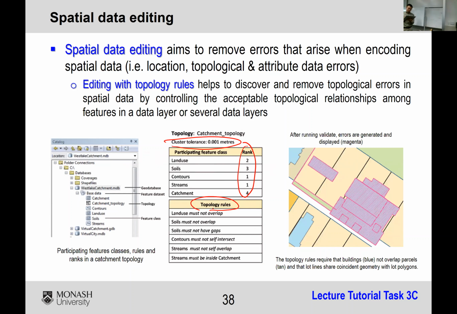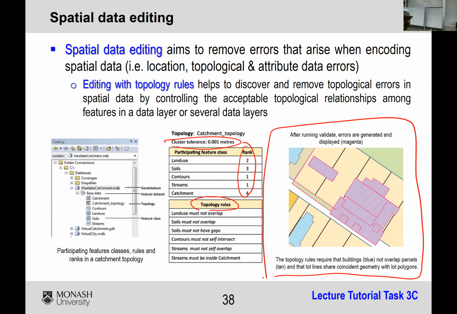So in this case, to the right, we're trying to apply two topological rules. One is that the building should not overlap the parcels. If we have this rule, the program will identify the violation.